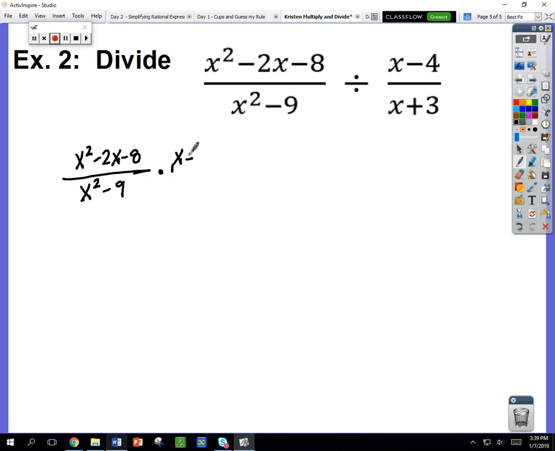X plus 3 on top of x minus 4. And then I'm going to do the same thing. See if I can break this down. And I can. It's got 3 terms, so I need to find what multiplies to give me negative 8 and adds to give me negative 2, which would be negative 4 and positive 2.